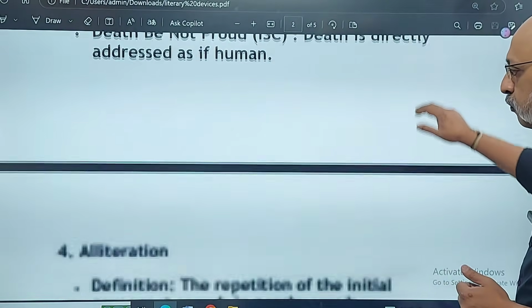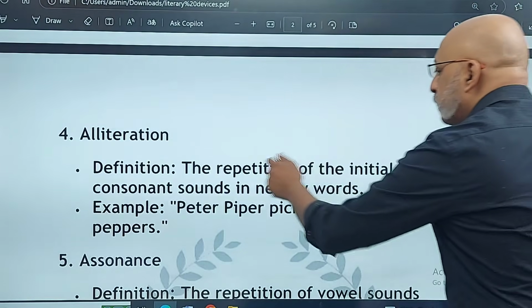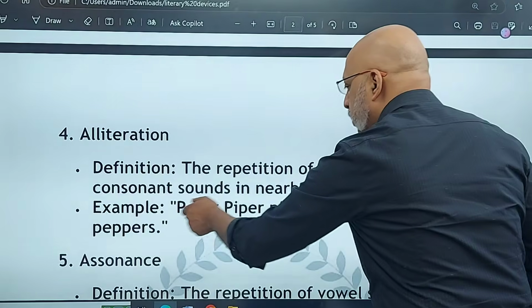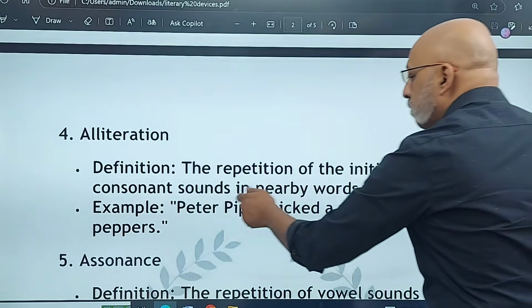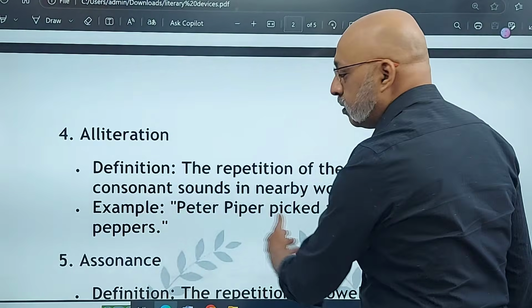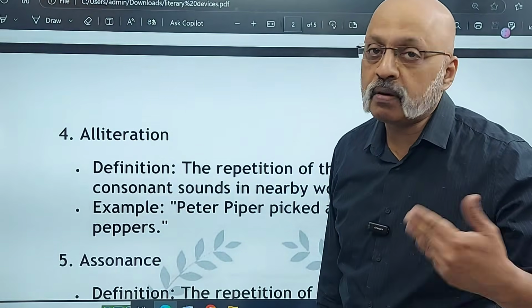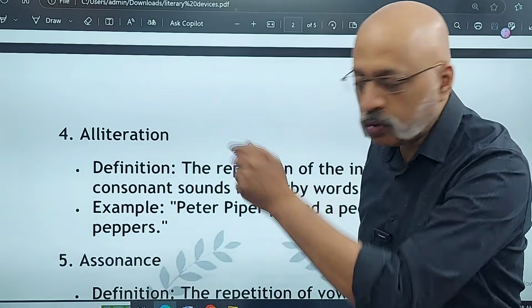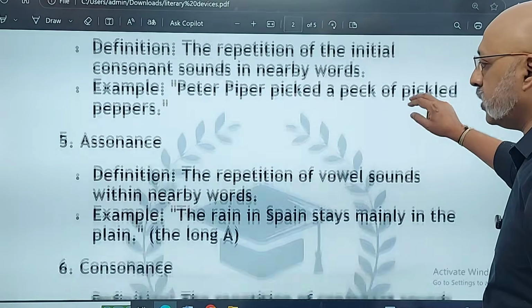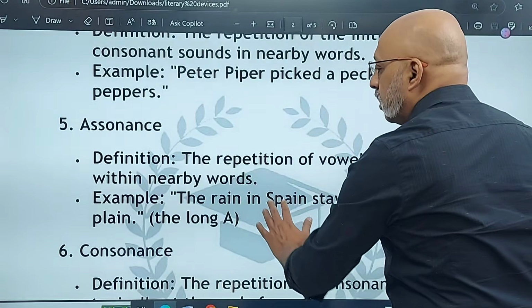Now, the fourth one is alliteration, which again is used many times. The repetition of the initial consonant sounds in nearby words. Peter Piper picked a peck of pickled peppers. So this is obviously the P consonant has been repeated many times. This is the easiest of the lot to identify. Assonance. It is the repetition of vowel sounds within nearby words.